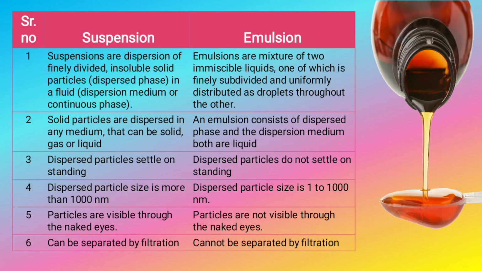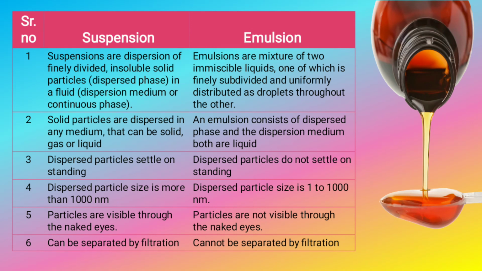Dispersed particles settle on standing in a suspension, whereas dispersed particles do not settle on standing in an emulsion. Dispersed particle size is more than 1000 nanometers in a suspension, whereas in an emulsion, dispersed particle size is 1 to 1000 nanometers.